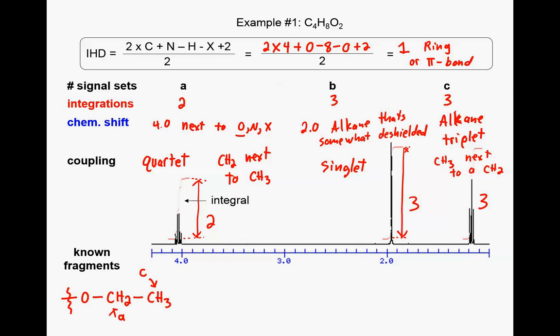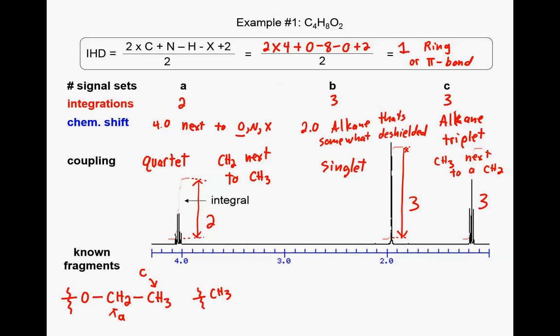Always think simple. What's the simplest thing we have for 3 protons? Just a methyl group, a CH3, and so we don't really have any more information. We know it's likely a CH3 group, we're not sure. But typically you want to think simple before you go complex. So we know that this is a CH3 group that's going to be next to something, but it's not next to any protons.